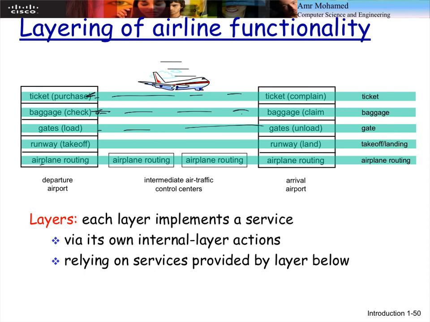Then when you go on the airplane, you are essentially a packet going on the network. You can flow from one city to another until you arrive at the airport on the other side. Once you get down, you go to the runway and so on until you reach the ticketing if you need to complain about anything.